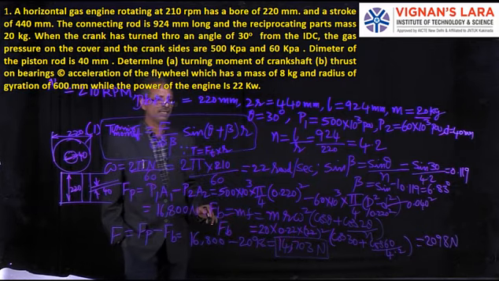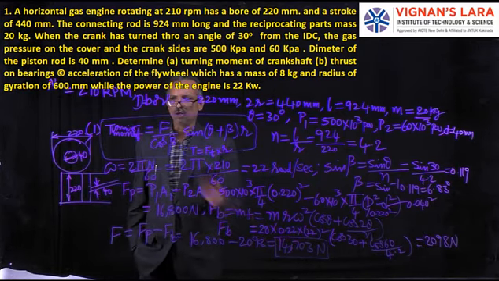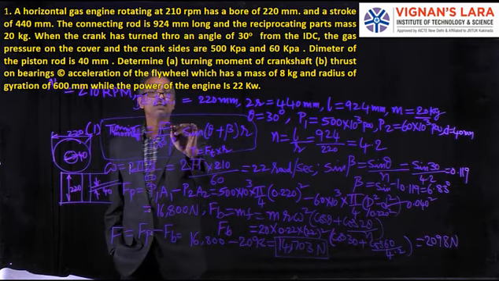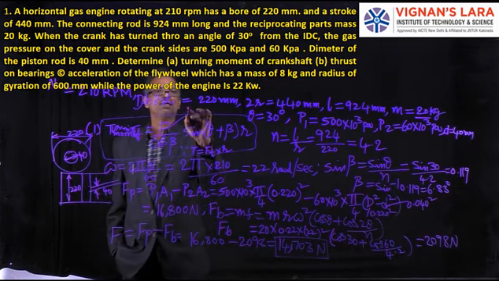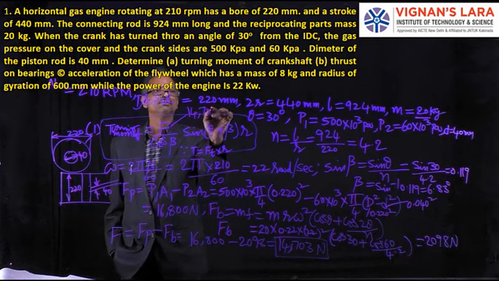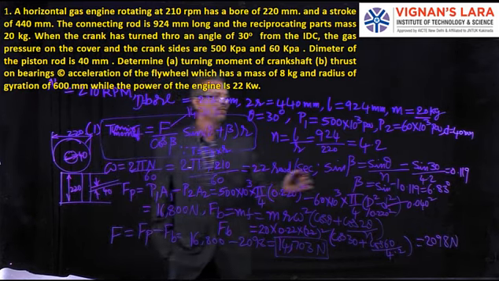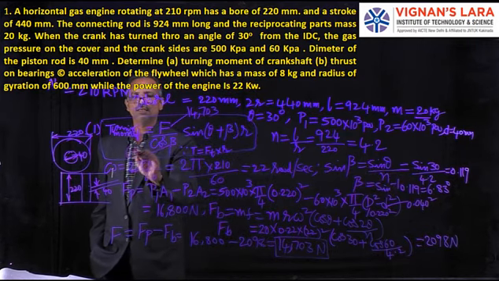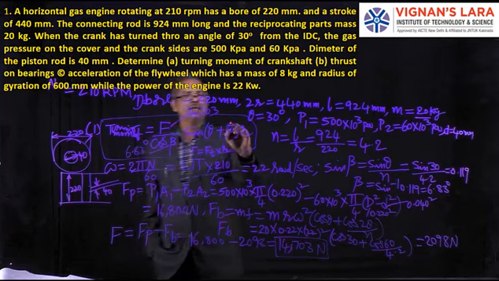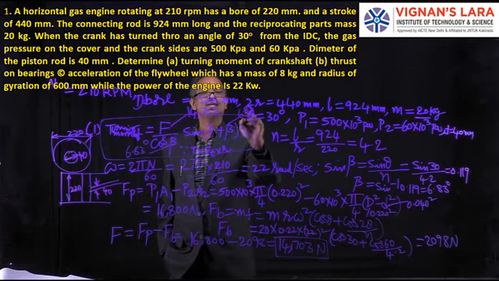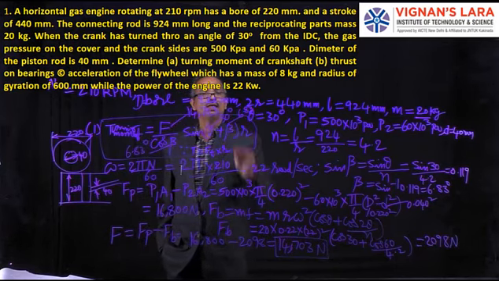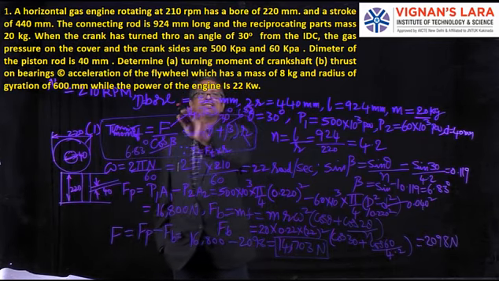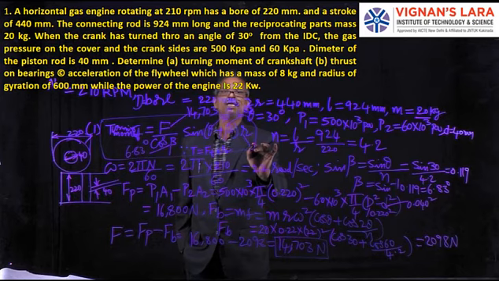So once I get this F, my job is substituting here. Let me put here 14,703 and beta, what is the beta? 6.83 and theta 30 degrees and R, radius of the crank, how much it is? 220.